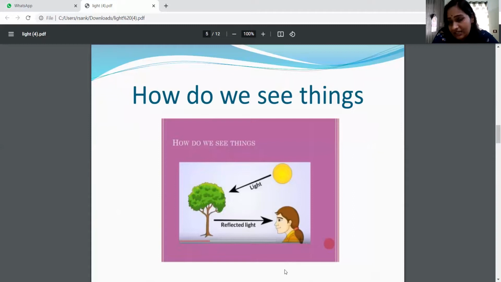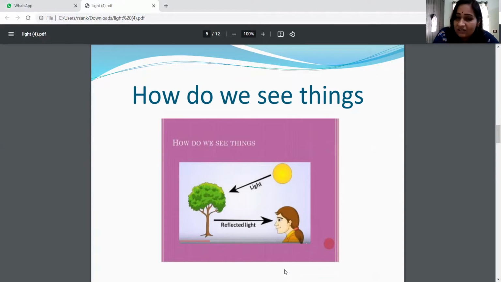How do we see things? We are able to see things around us like a table, chairs, windows, doors. How do we see things? Light alone is not enough to see things. What is the complete package that is involved here?